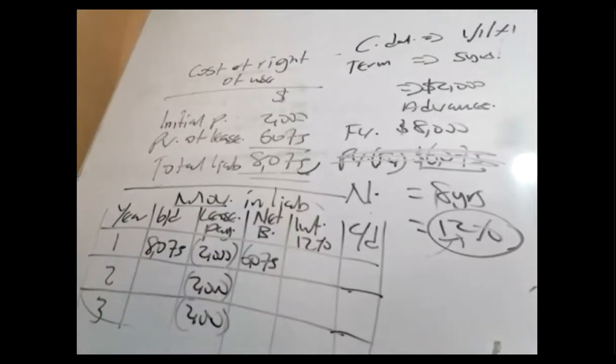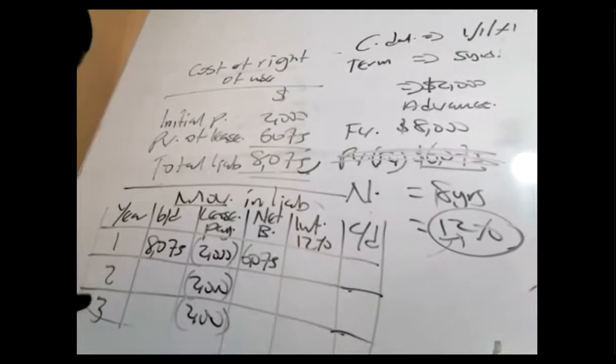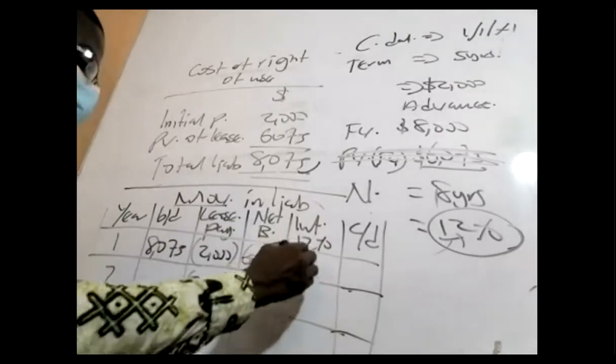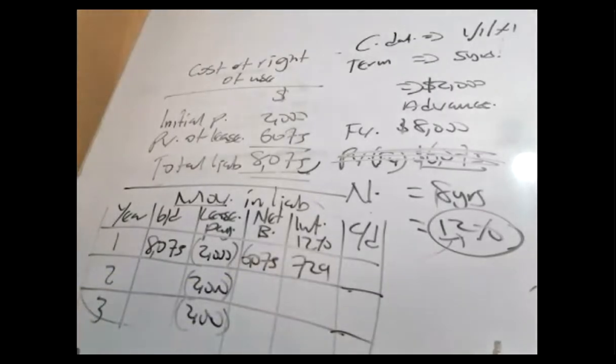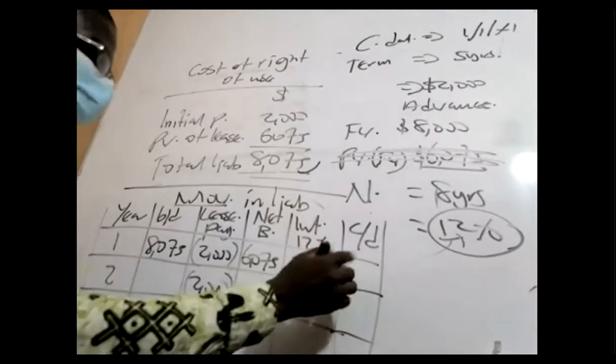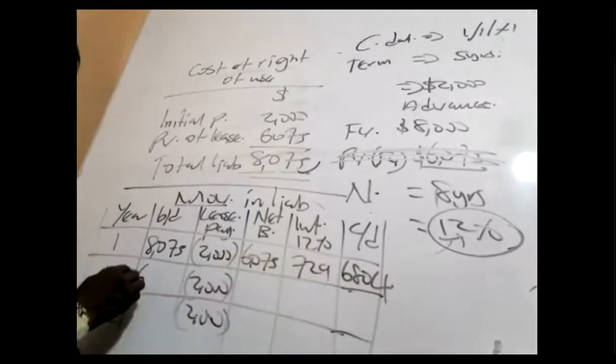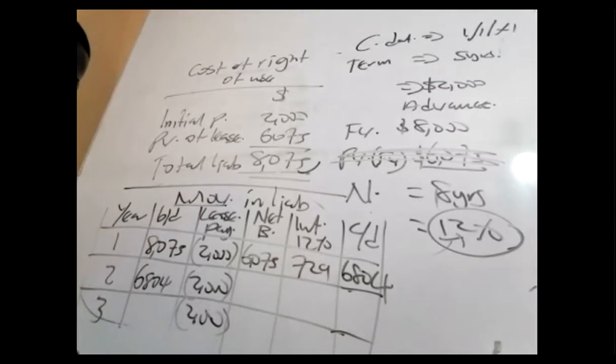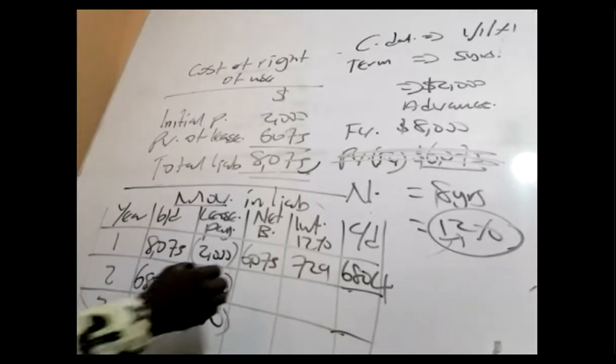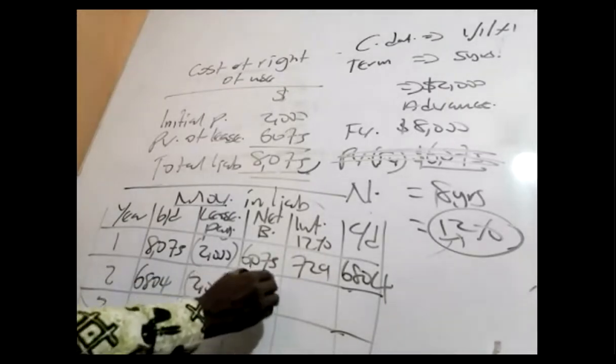So I get 0.12 times 6,075, which is 729. You add back, plus 6,075, you get 6,804. Push it here at 6,804. Take 2,000 out, therefore 4,804.